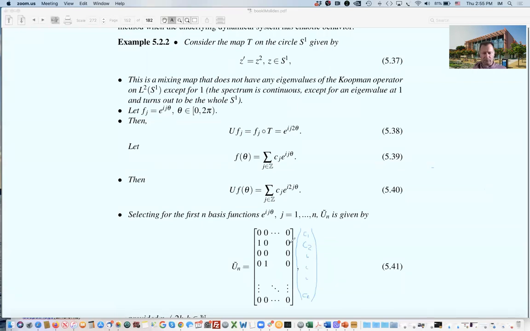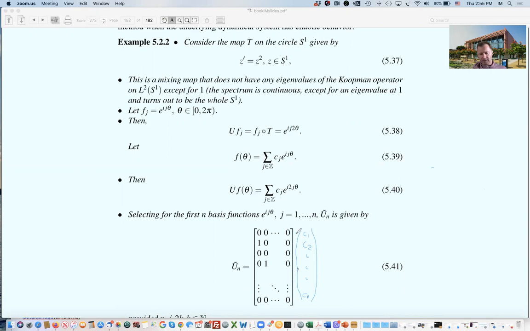That's not as important. But the point is that if you take a look at what sits in front of e to the i 2 theta, it's c1, right? Because that was in front of e to the i theta. And now, as I apply the Koopman operator to it, it shifted to e to the i 2 theta.